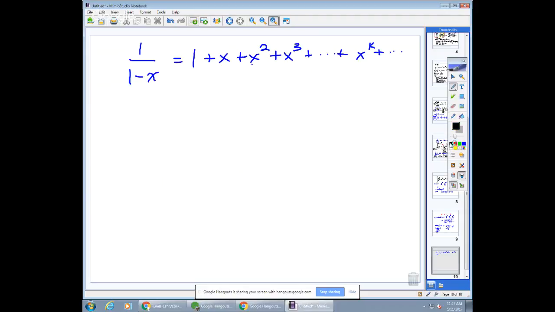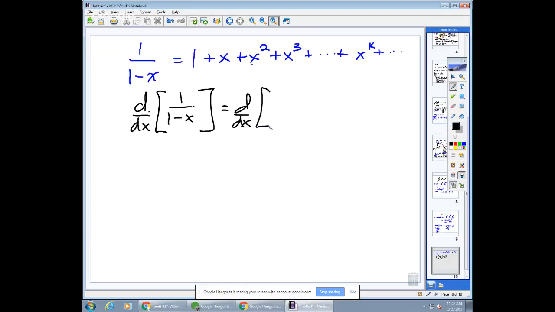So what is the derivative with respect to x of 1 over 1 minus x? Well, that's really the derivative with respect to x of 1 minus x to the power negative 1, right? So I could use the chain rule and the power rule to do this.